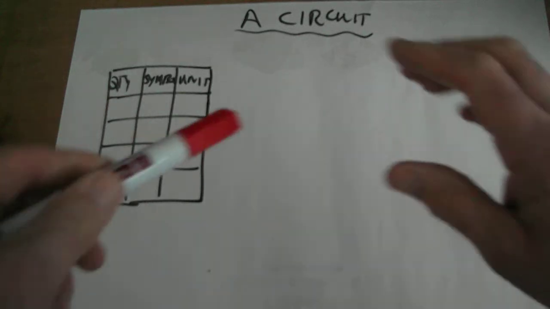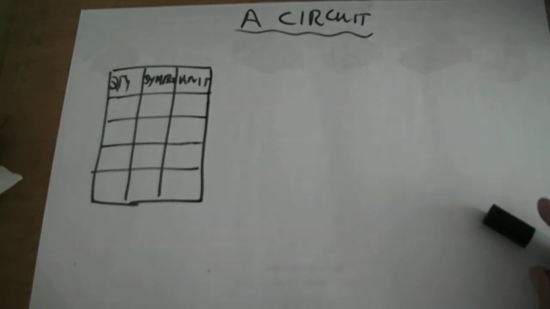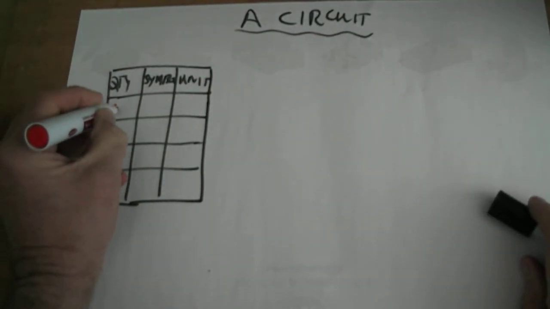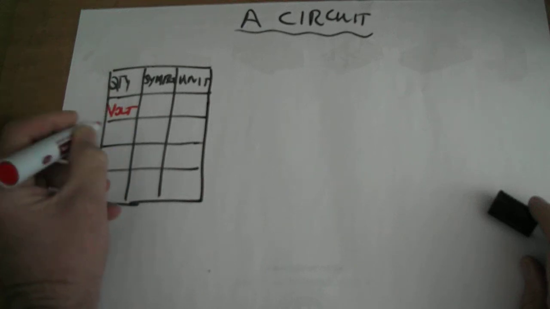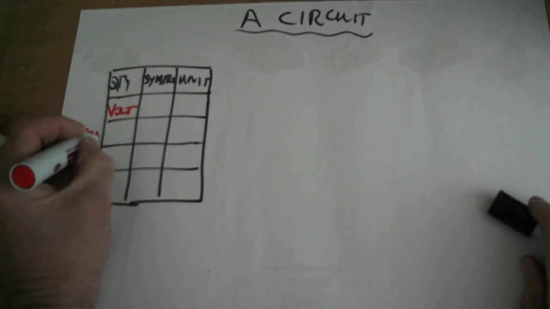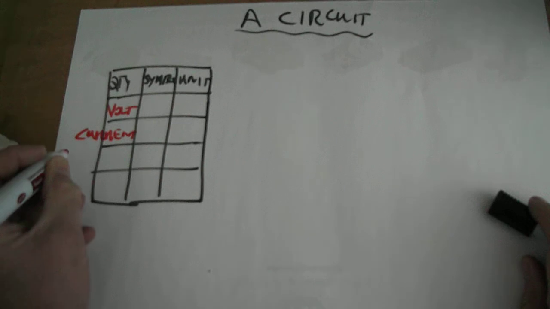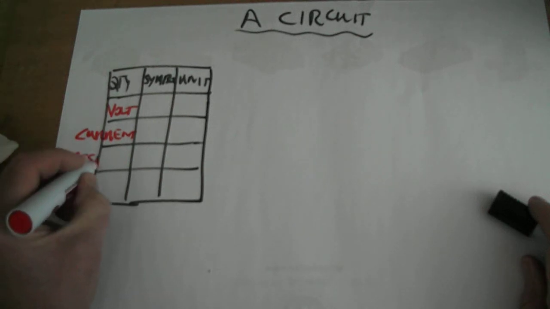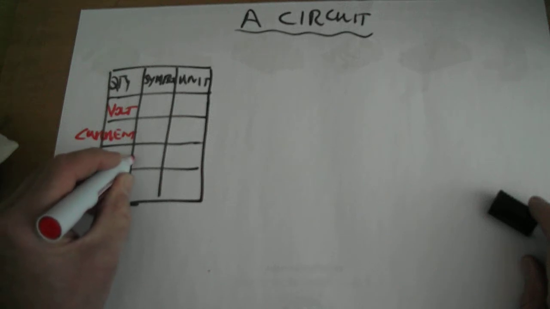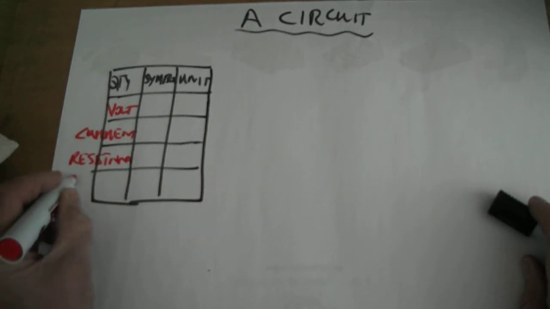You also need to make a note of this chart. We have the volt, we have current, we have resistance, and we have power.